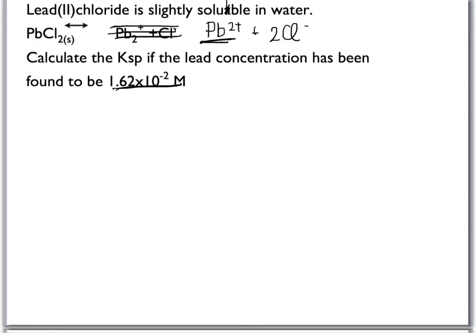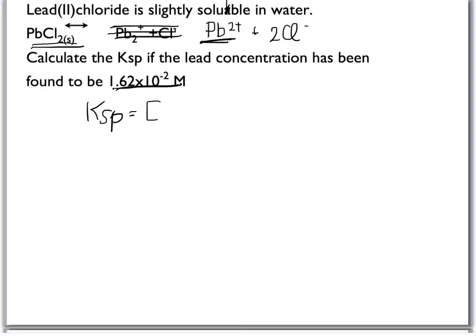So let's write the expression. The KSP, the equilibrium expression, is based on the equation that we have above. Remember, the lead 2 chloride is not going to be in the KSP expression because that's a solid, so we're just not going to put that in there.